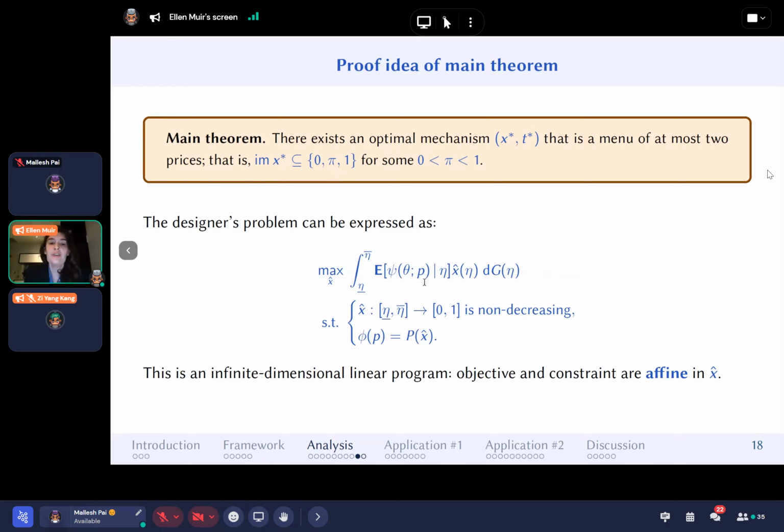But in order to transform the objective function in the appropriate way, we need to work out the expected value of this virtual surplus function conditional on the realization of the effective type. And then we've got our effective allocation rule. That was our modified allocation rule that's written in terms of these effective types. And G here is just denoting the distribution of these effective types.